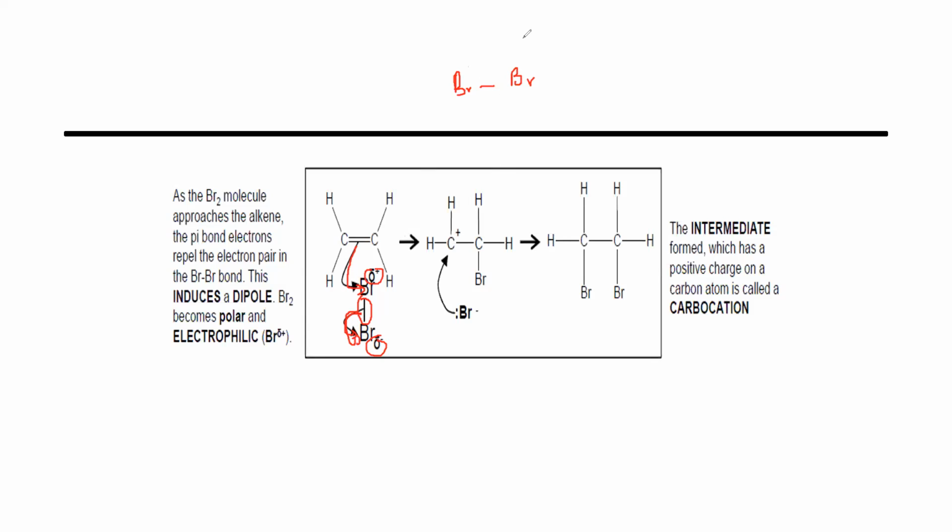Then this will form a carbocation. So two possibilities are there: the first carbon which has the double bond may form a carbocation, or the second carbon may form a carbocation. It depends on this: if the carbocation is surrounded by more carbon chains or alkyl groups, that will increase the stability of the carbocation.